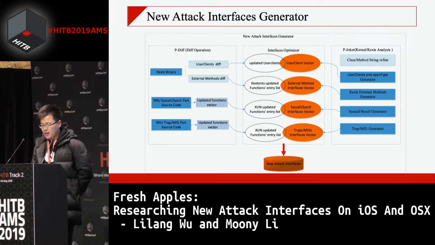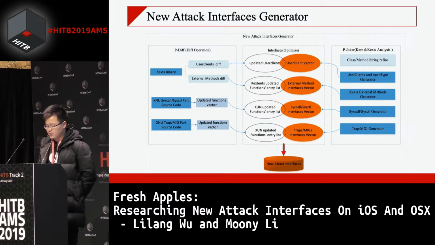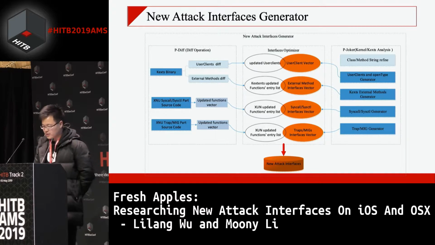This figure shows our reverse engineering solution. First, we will analyze the kernel and the kernel extensions to get all the attack interfaces from a newly released version and generate the UserClient vector, external method interfaces vector, and so on.